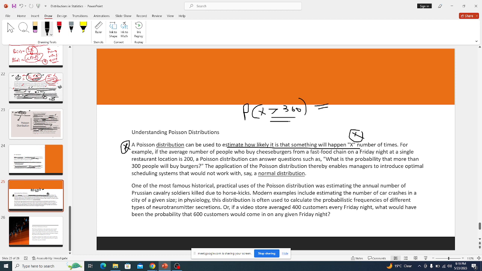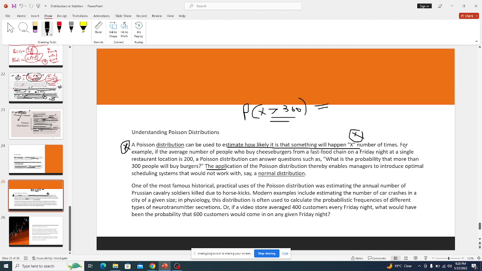Of events. Yes, it will give us the probability of the events. Good. Let's finish this example.